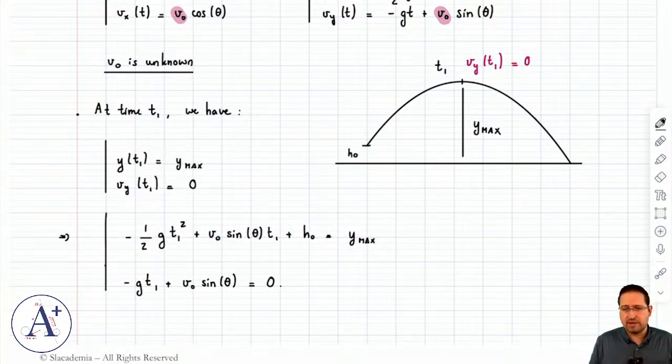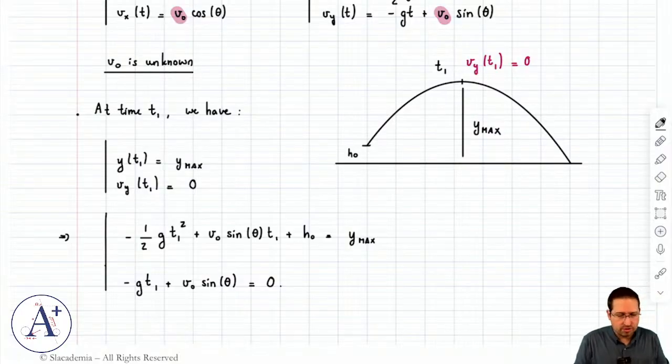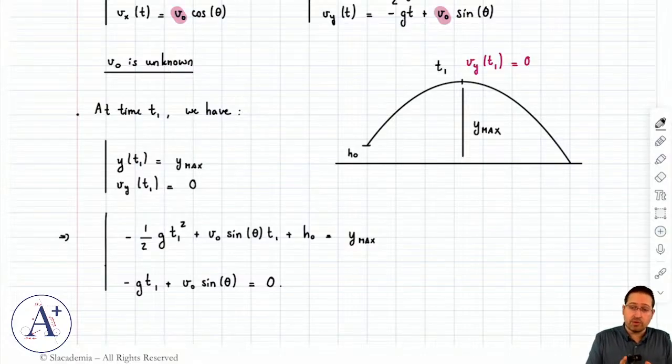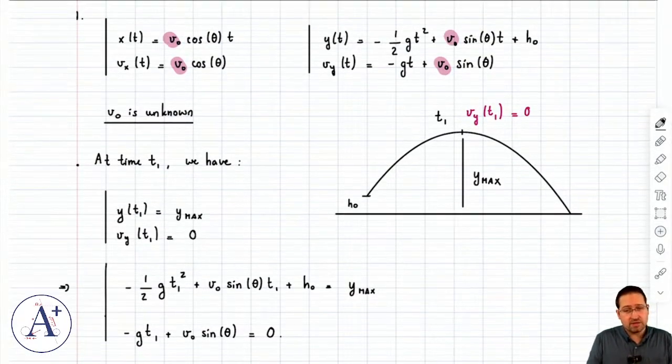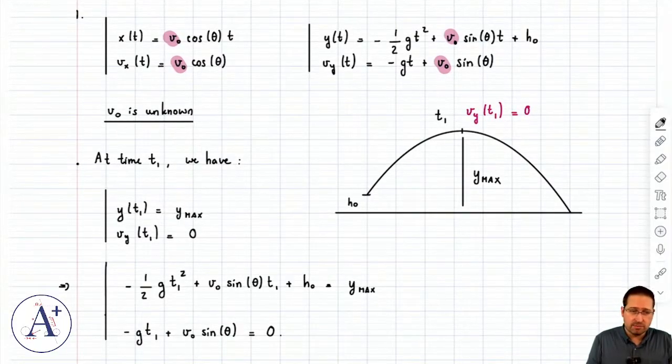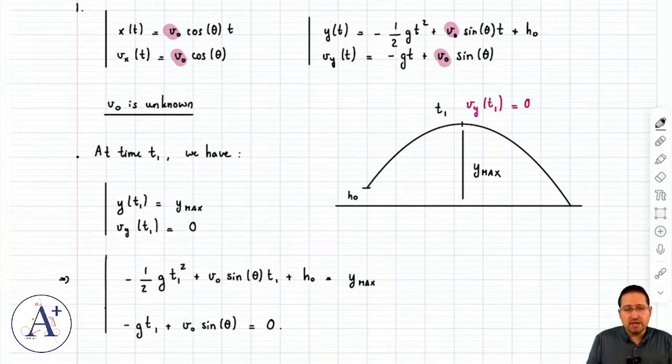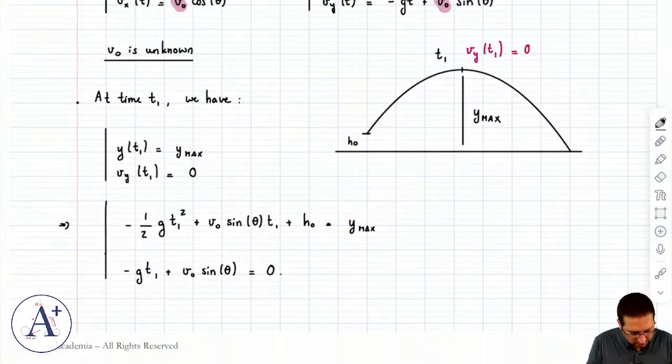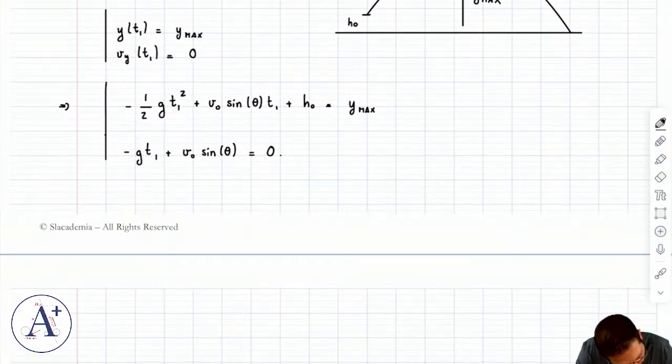And I'm going to do that, first of all, to show you how to do it, to show you it's not that bad, but then to argue that it might not be the fastest way to get the answer, but it will work. So when I said these 4 equations are all you need to solve, I mean it, it's true. But there is a shortcut, and we'll do the shortcut in a second.